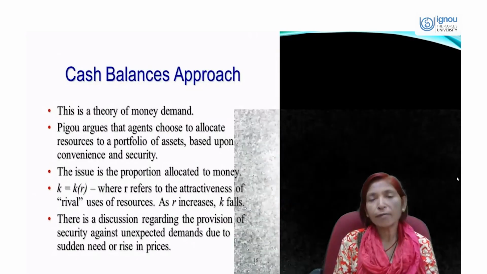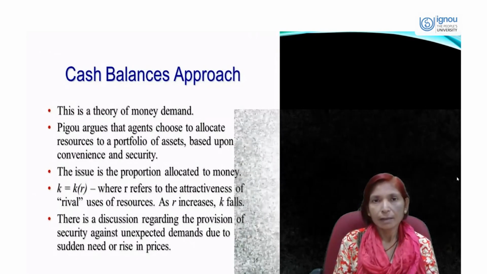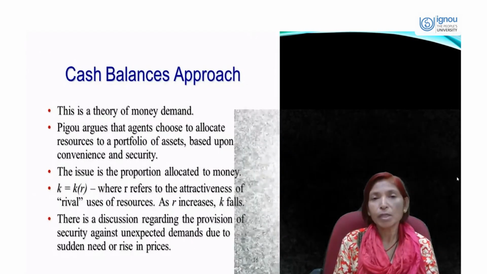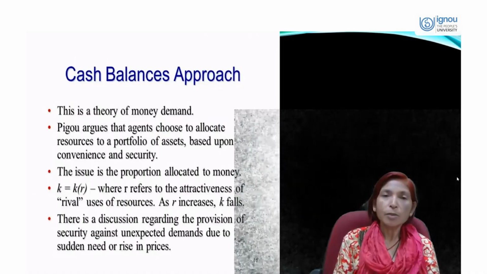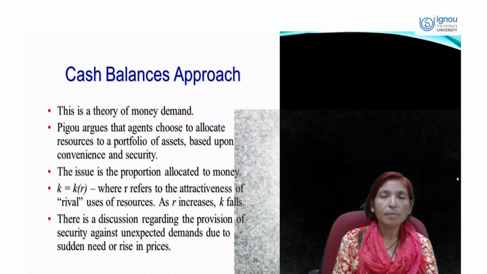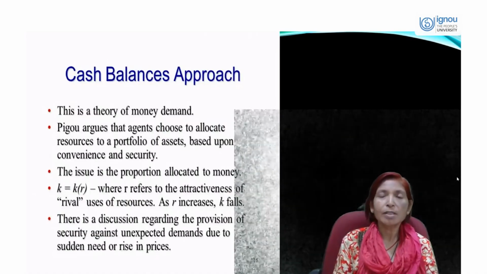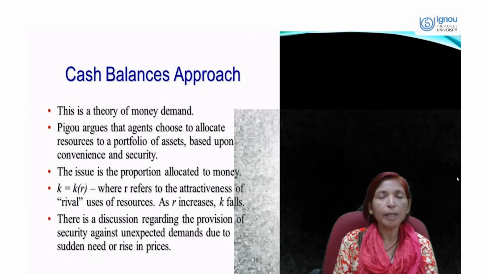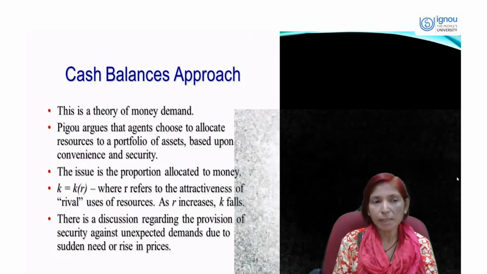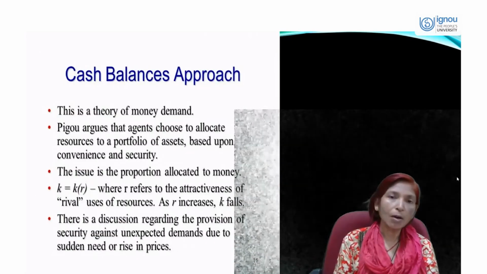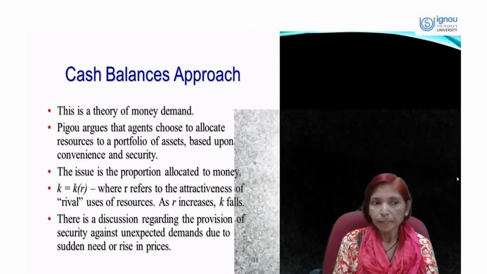They propounded different theories and made great contributions in economics. So the cash balance approach, propounded by Cambridge University's economists, among whom Marshall, Pigou, Robertson, and Keynes are very famous, is a theory of money demand.